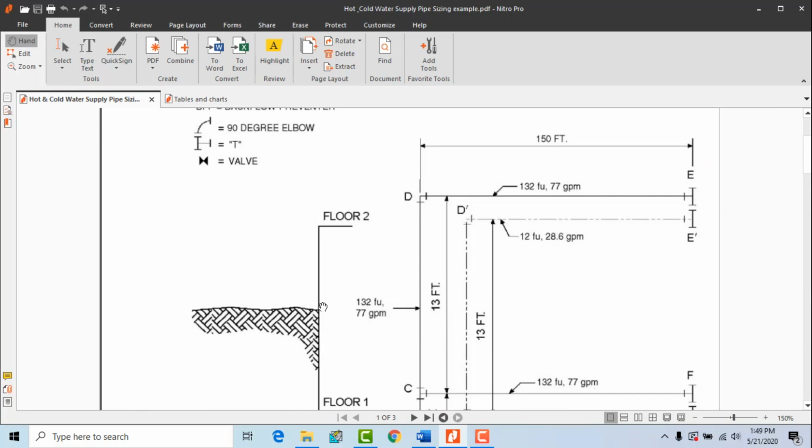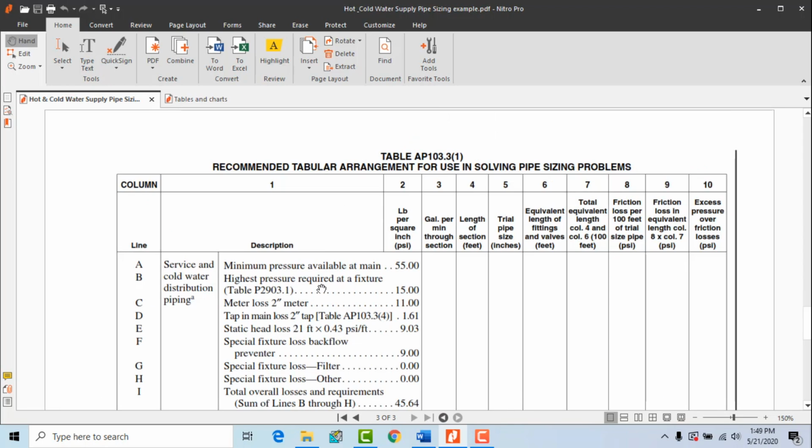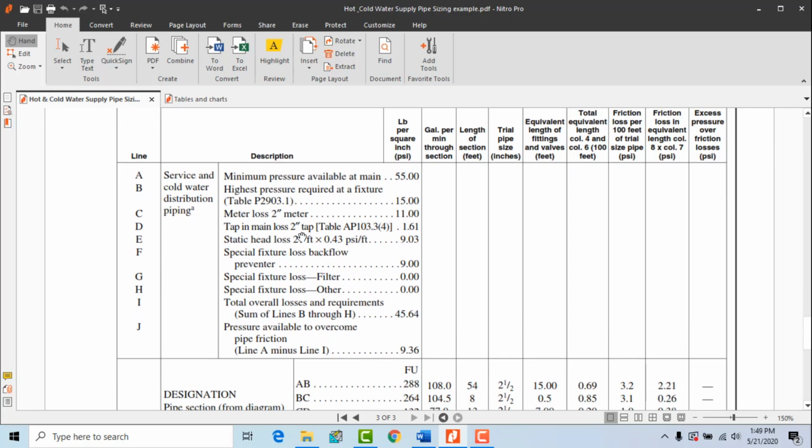As you can see in the drawing, there is a 2-inch water meter, and the pressure loss for that meter you can get from the supplier. The pressure loss we got from the manufacturer is 1.61, and the static head loss is 21 feet.